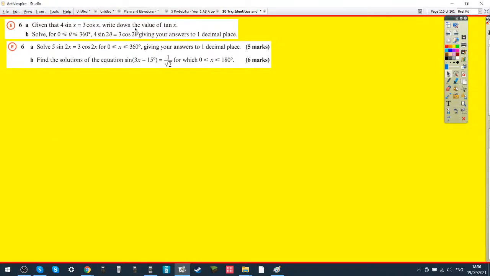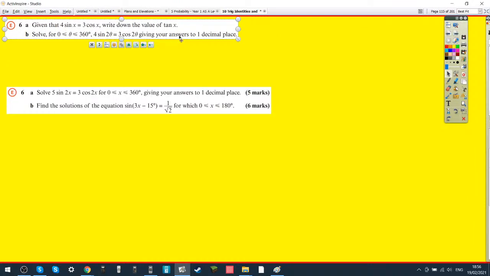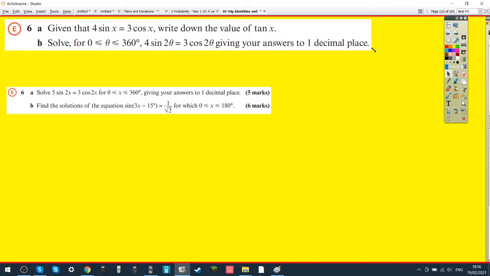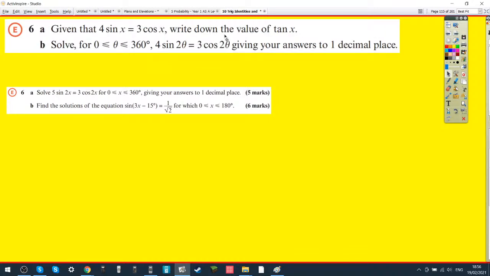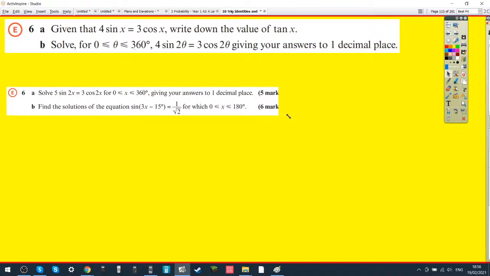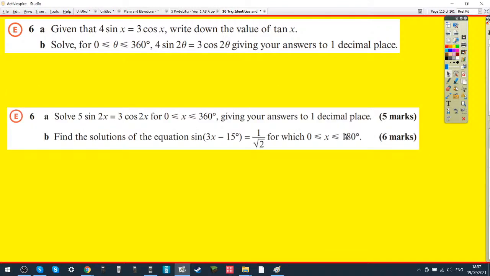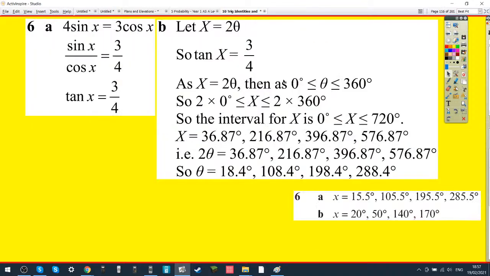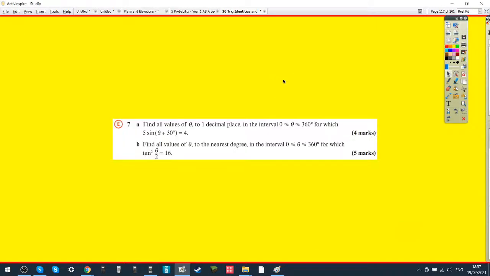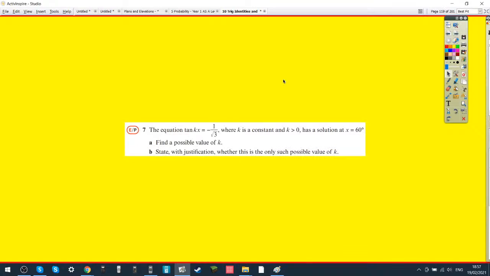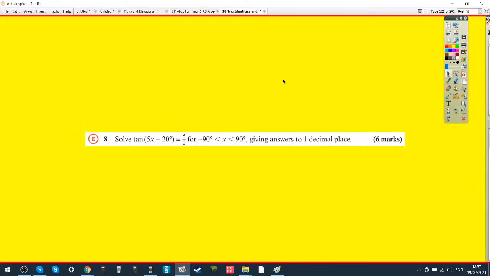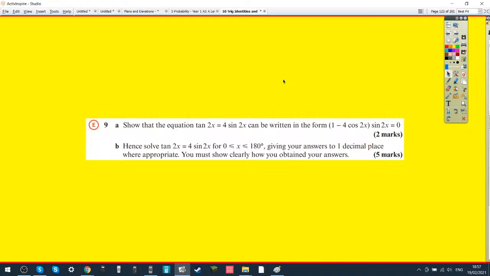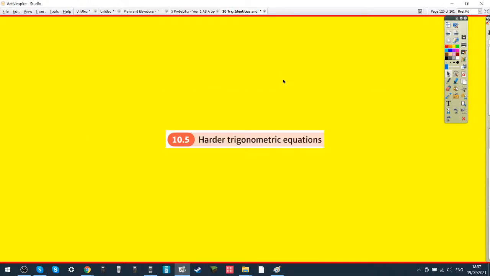For this one, I think you can use your answer for part A to do part B. It says tan, which is a bit weird, but I think it's fine.